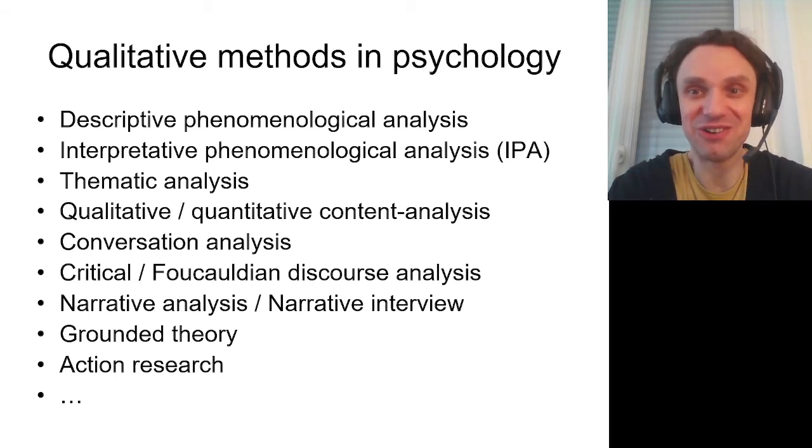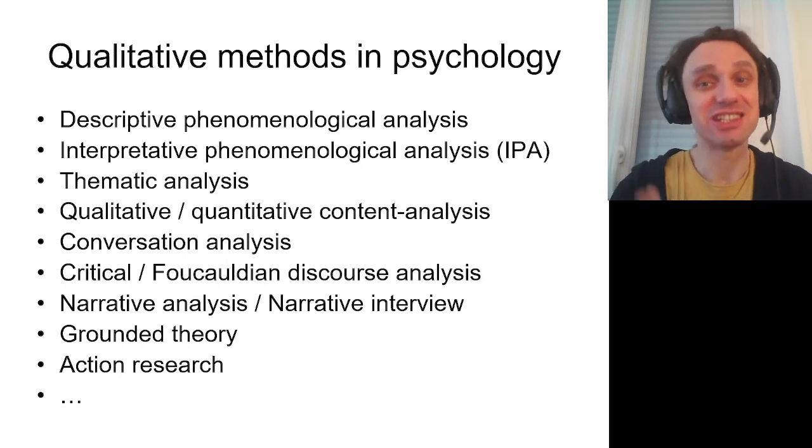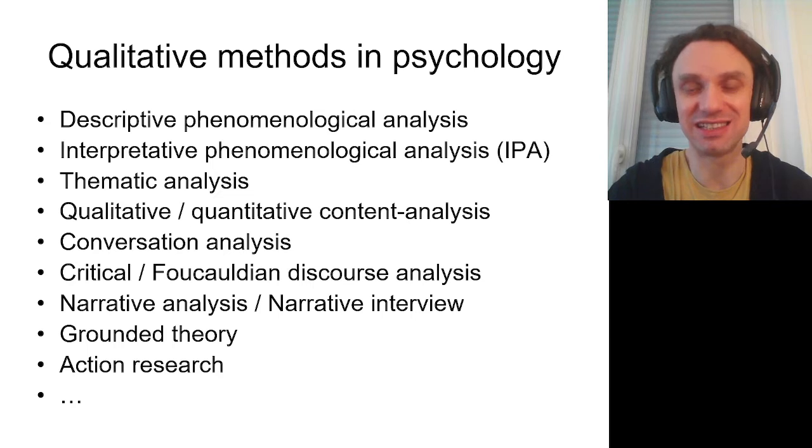But this is perfectly okay. All these descriptions are completely valid, and basically the right way to deal with this is just to choose one source, just to choose a particular recipe provided by a particular methodologist, and just stick to this recipe in your analysis.